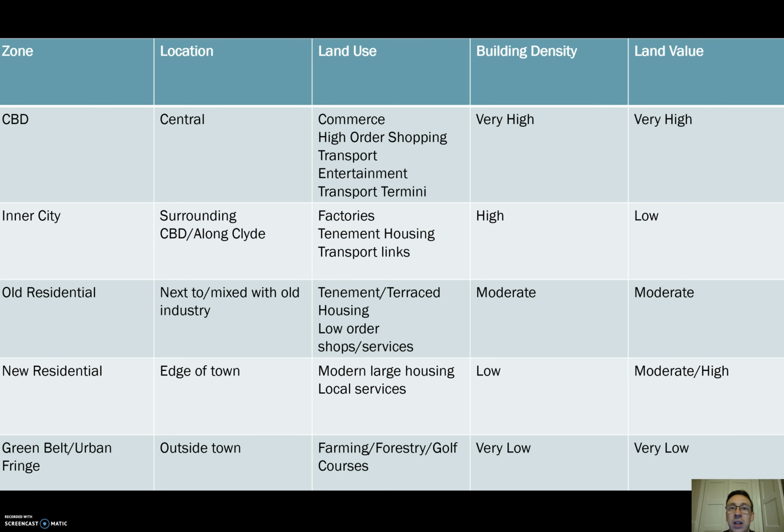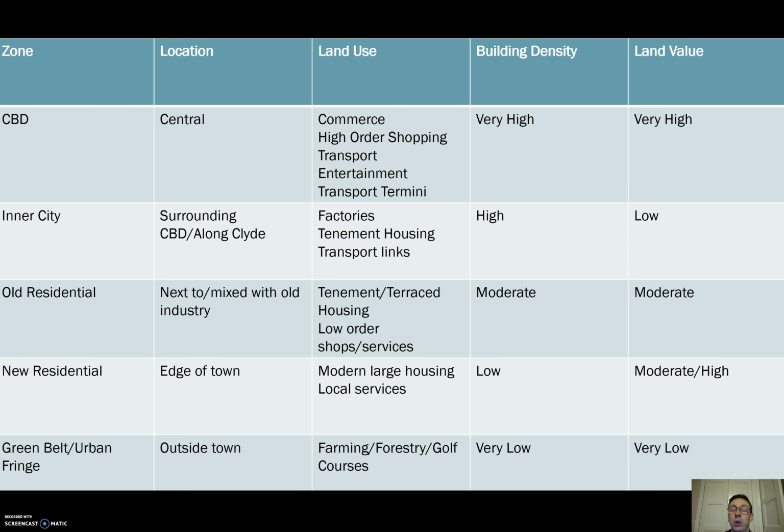Here you'll typically find a lot of factories, and tenement-style housing that was originally built to house the people who worked in those factories. Building density in these areas is very high, as land is still at a premium. However, the cost of that land is very low, because it's extremely common for inner city areas to have fallen into decline in recent years.